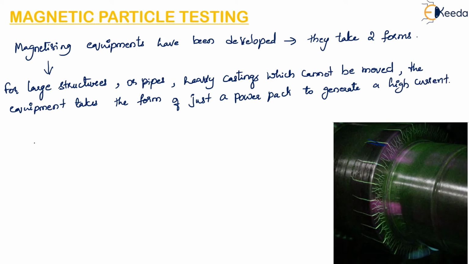So this current is applied to the component either by contact rods on flexible cables or by an encircling coil, as we had already seen.